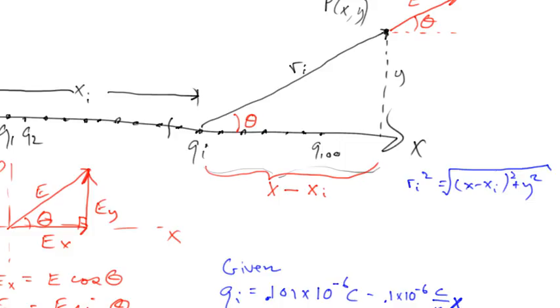Alright, by Pythagorean's theorem, that's r sub I squared. If I ever need r sub I, I can just write that as the square root of x minus x sub I squared plus y squared, which highlights the fact that I wasn't supposed to take the square root when I was just writing down what r sub I squared was.